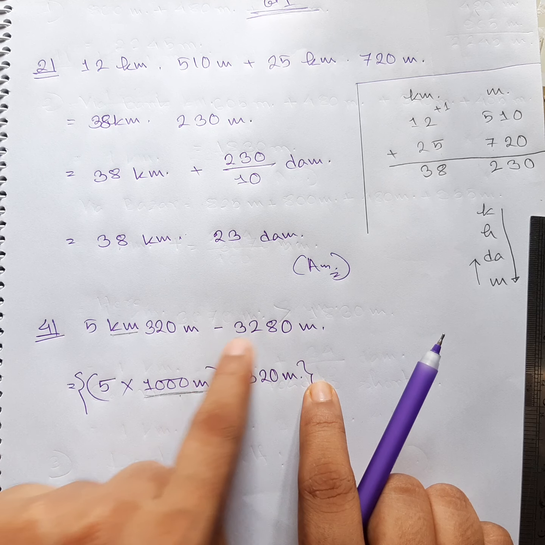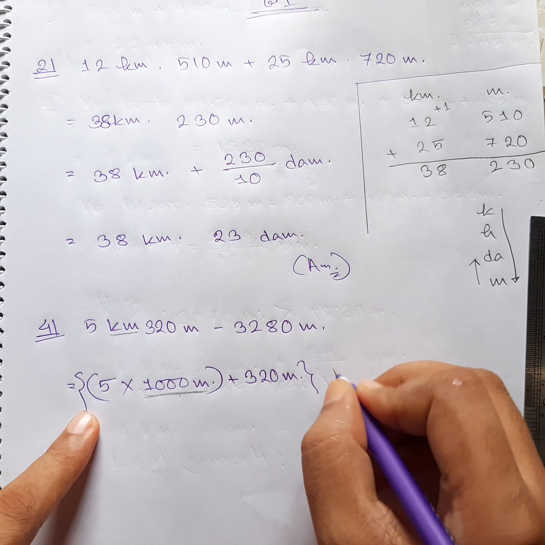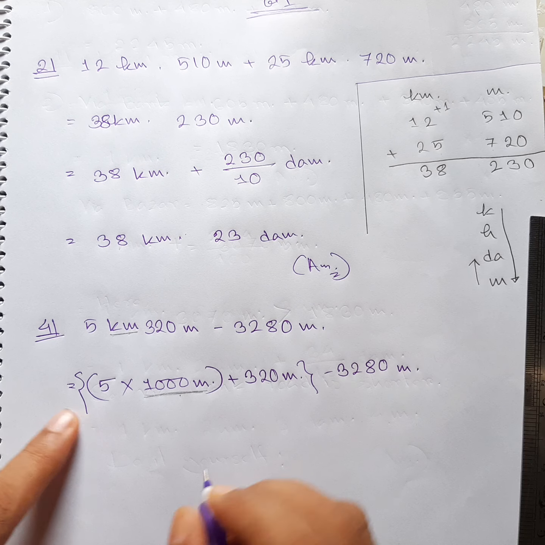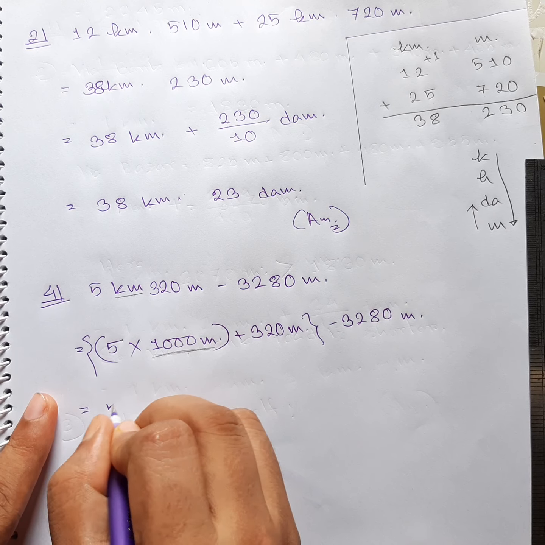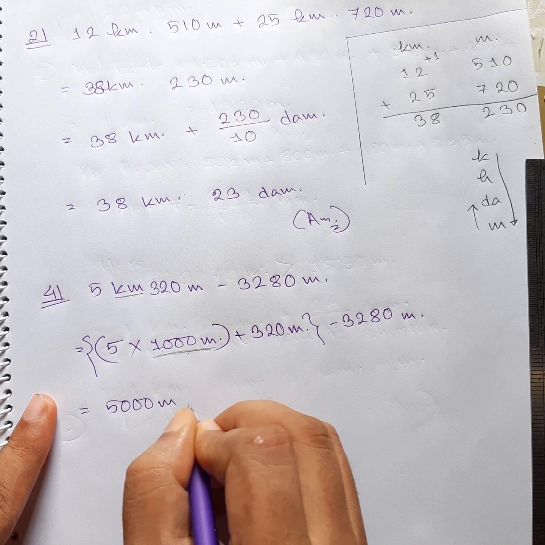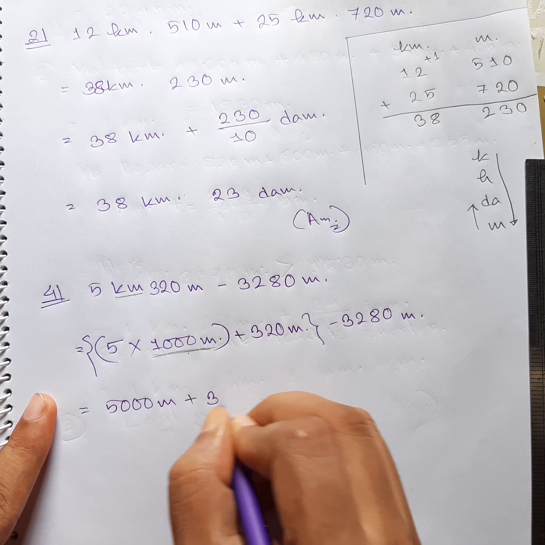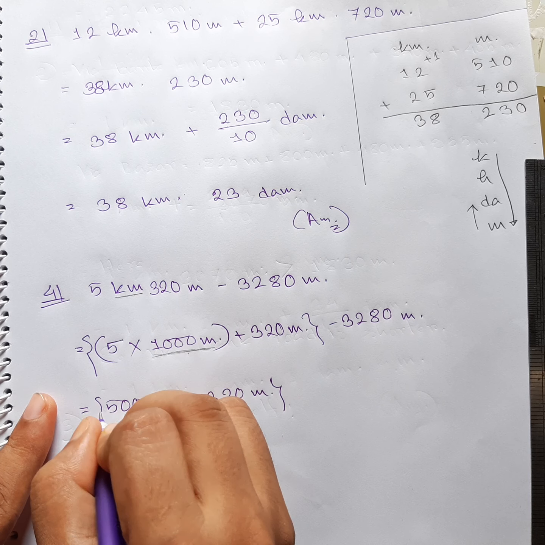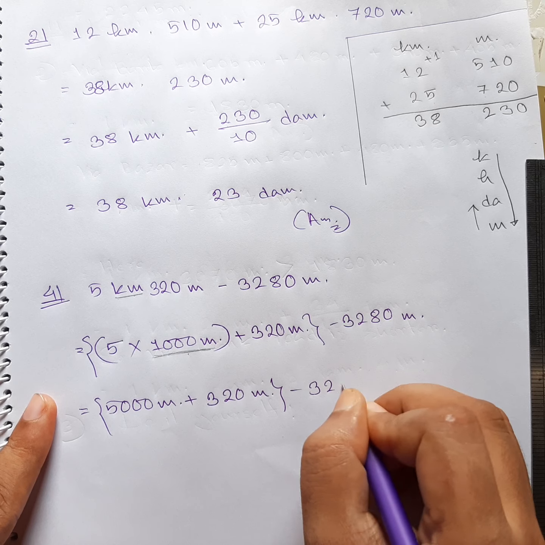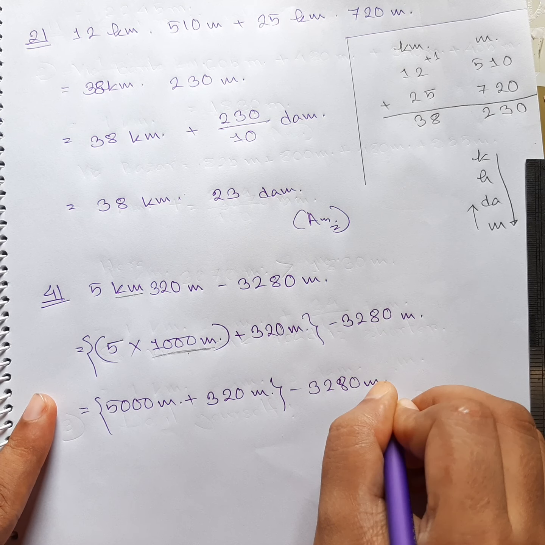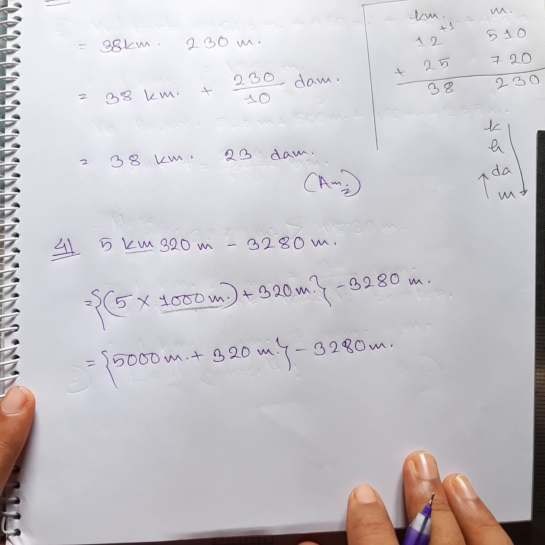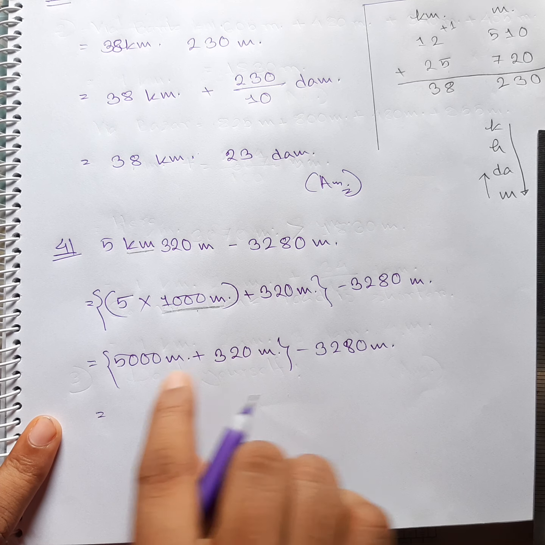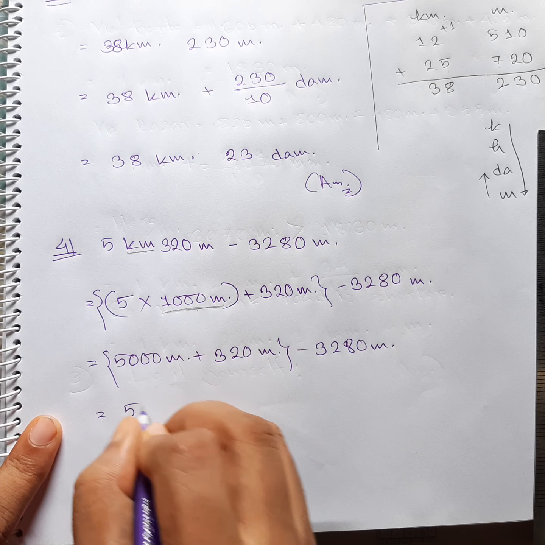This is why I have to write this after the second bracket. Now finishing this up, both of them are meter. And if we add them, we can say 3 digit and 3 zeros, so we can just write it down.